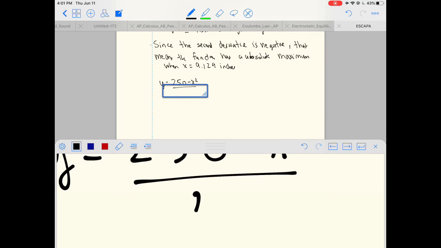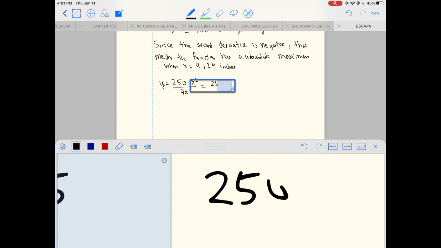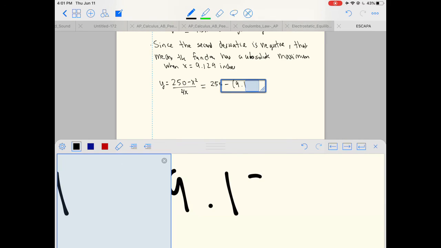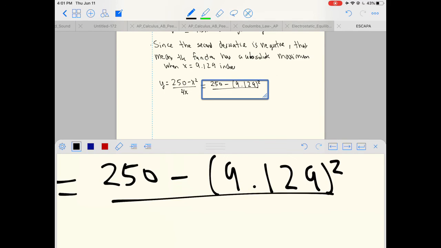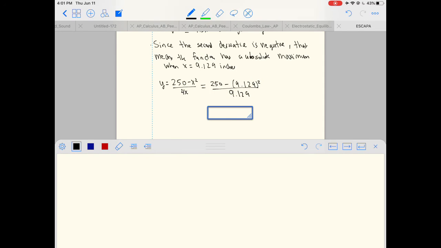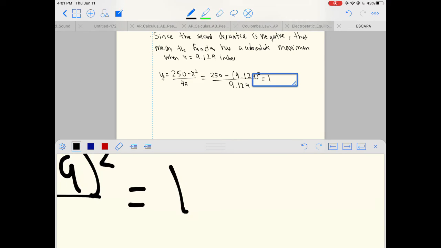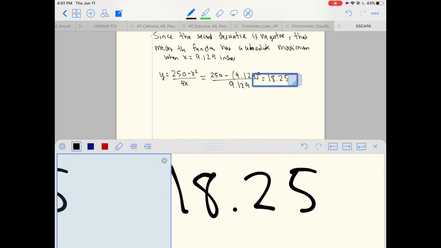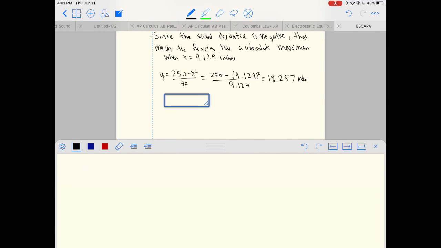If I plug this into the equation, it equals 250 minus 9.129 squared over 4 times 9.129. Cool. So y equals 18.257 inches.